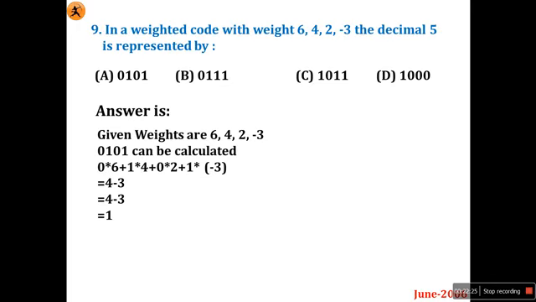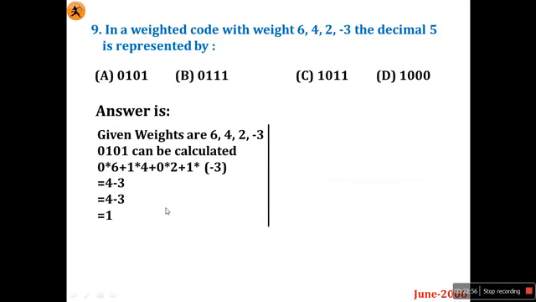The given weights are 6 4 2 -3. Take the first option, 0 1 0 1, and calculate: 0 into 6, just multiply the binary number with the weights, 1 into 4, 0 into 2, 1 into -3. Then you will get 4 minus 3 is 1, but the decimal 5 is required, so this answer is not correct.